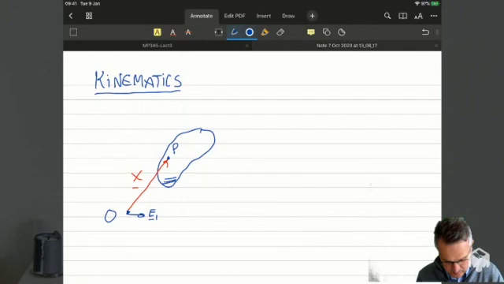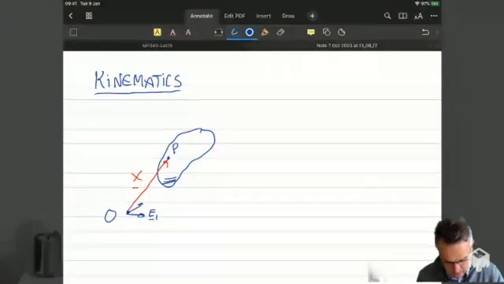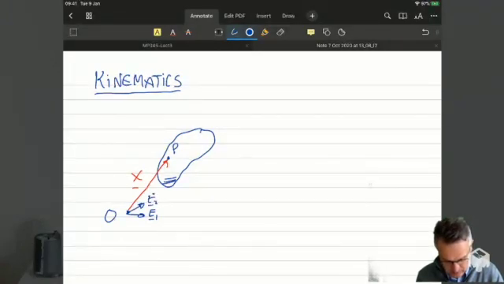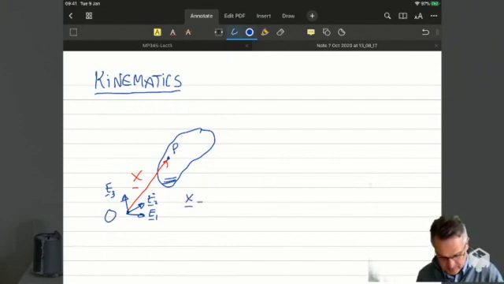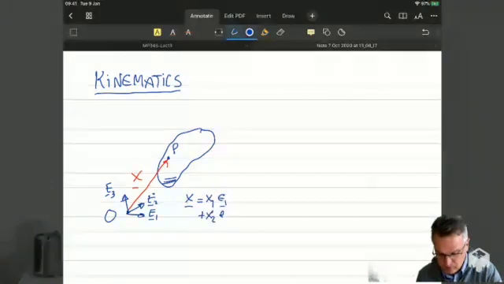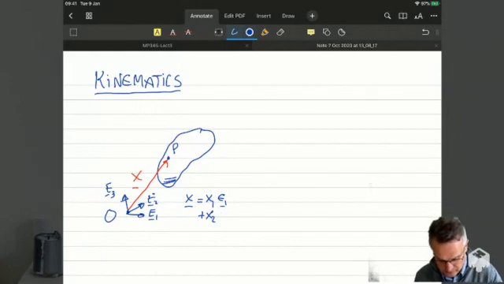Remember, I introduced them earlier, I believe. Three orthogonal unit vectors, so that I can write the position of the point as capital X, which is x1, x2, and x3 along each of those vectors.